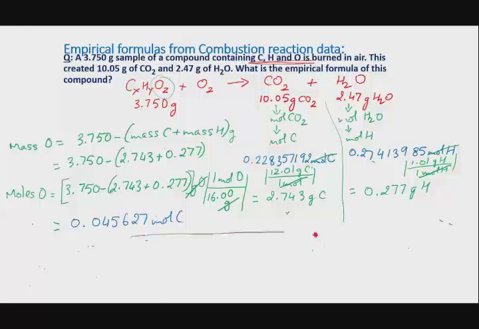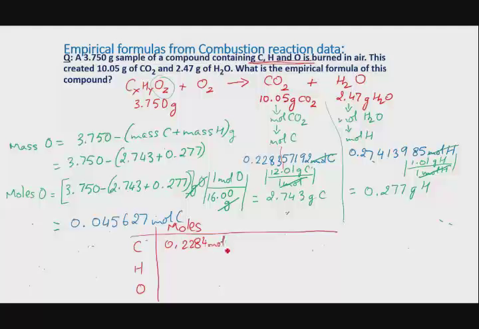So now let's take stock of what we know, and this time we will go ahead and round to the correct number of significant figures. We know the compound has C, H, and O. We know that the number of moles of carbon in 4 significant figures will be 0.2284 moles.